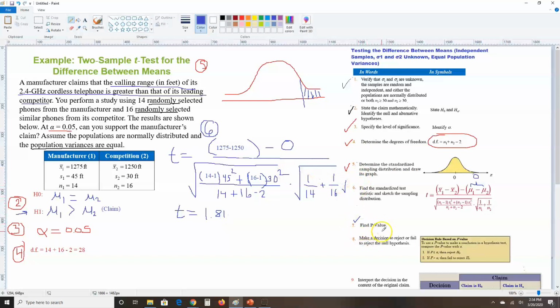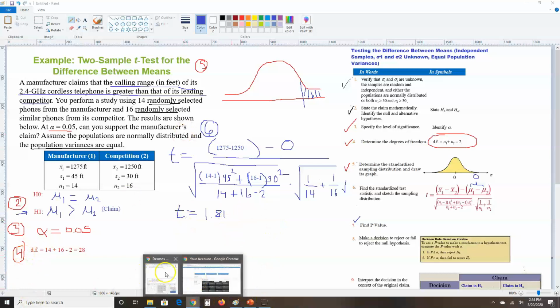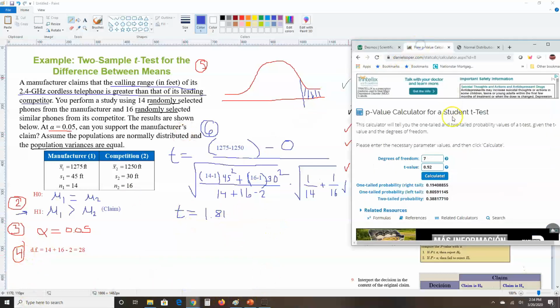Find the p-value. How do we find the p-value? Well, look at the formula. It started with t. Okay, and in t, that means that we're gonna be using the t calculator. Okay, and we're gonna fill in these 2 boxes. The link for this calculator is in the lecture notes, so make sure you get it. All right.